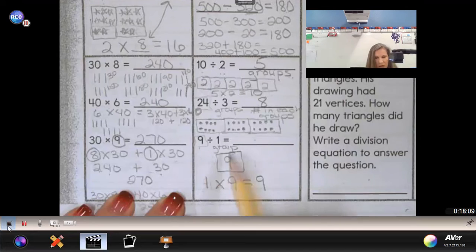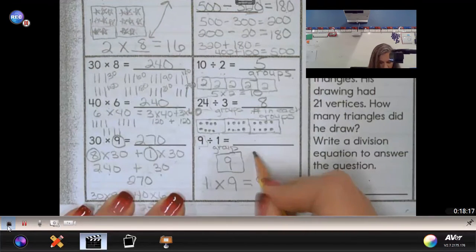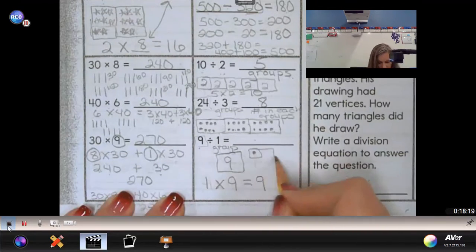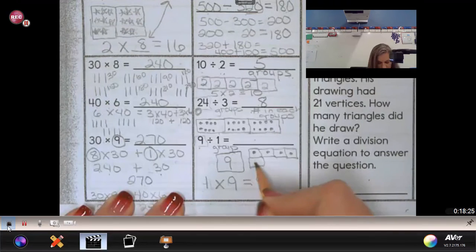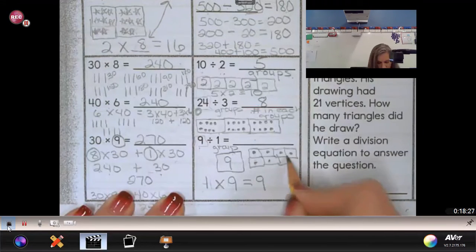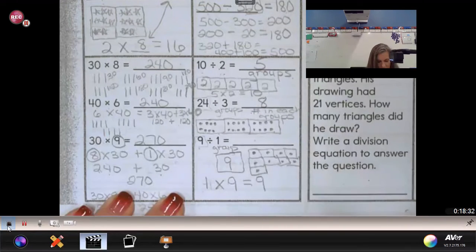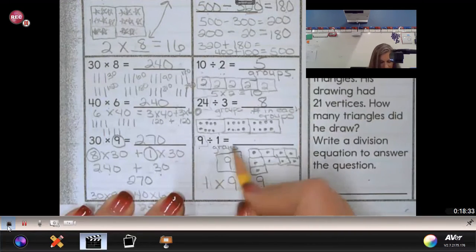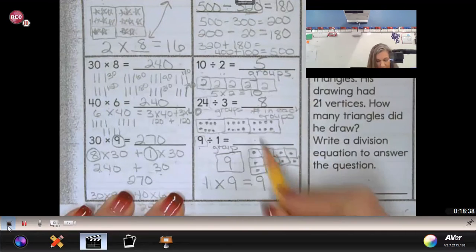So 1 group of 9 is the same as 9 groups of 1. So I could have taken this and put them into groups of 1. 1, 1, 1, 1, 1, 1, 1, 1, and finally 1. So I could have done the number in each group, and I still would have had 9 groups.